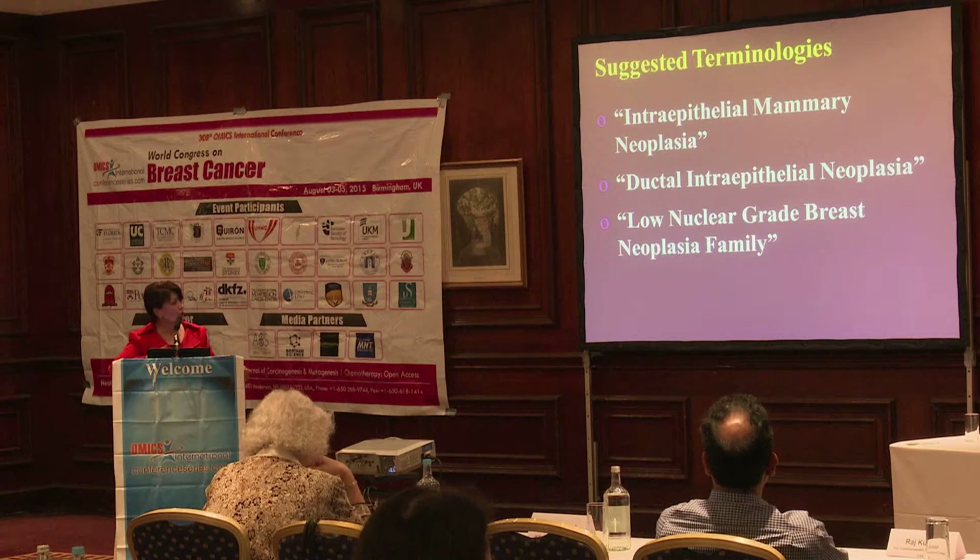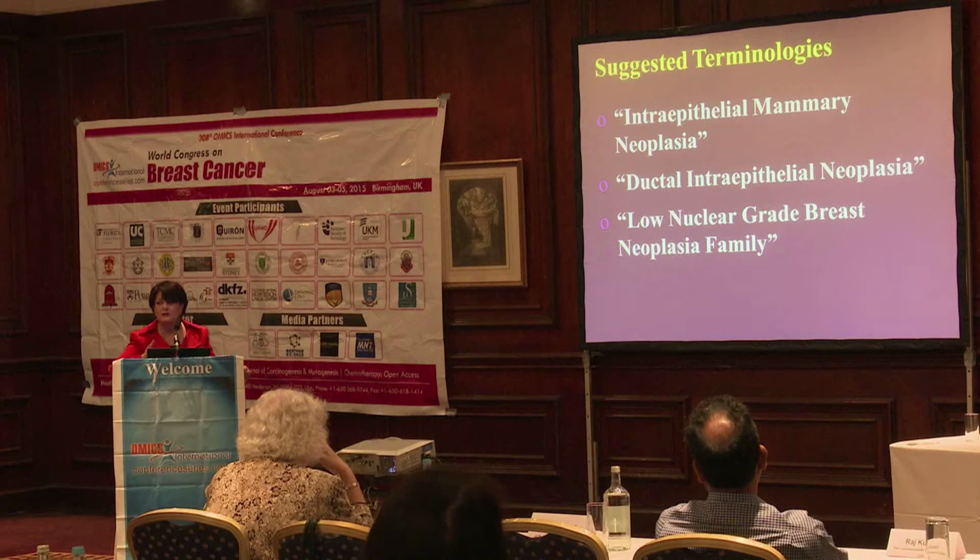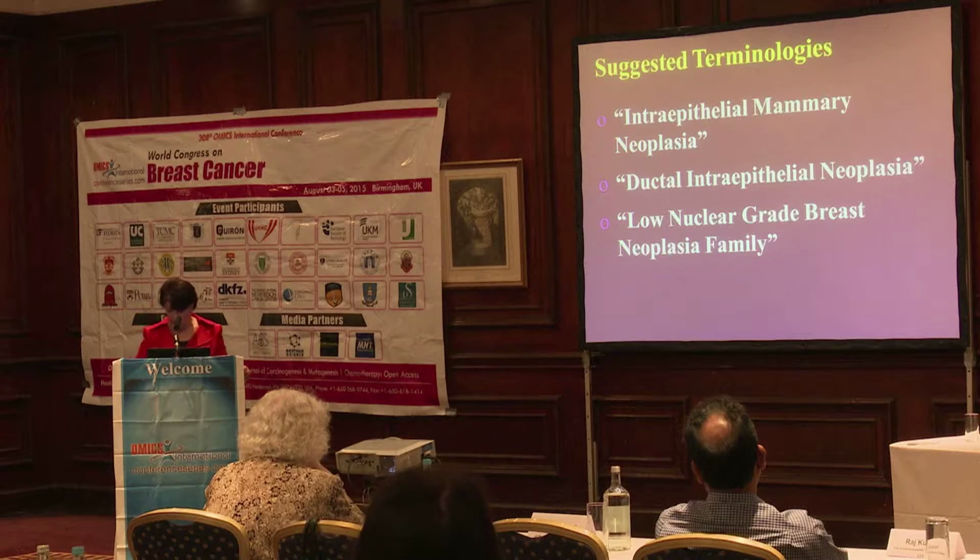And then we have the low nuclear grade breast neoplasia family that is coming from the United Kingdom and other people, that again has not really become a standard of terminology that is being used. So none of these things are really being used on a regular basis, and people have stayed with the terminology of low-grade DCIS and high-grade DCIS, and the process continues.